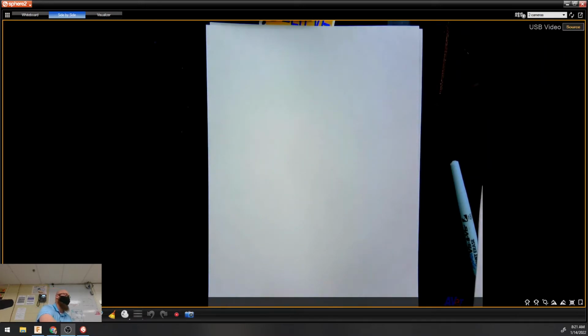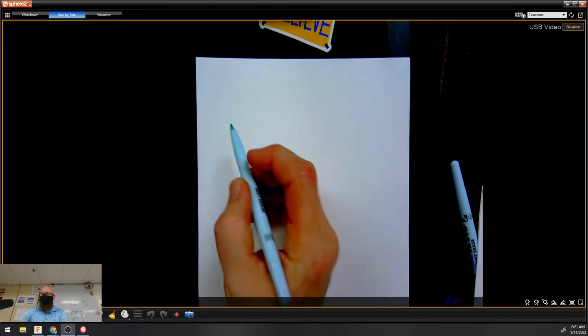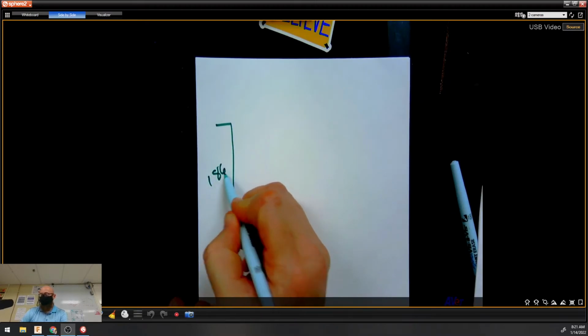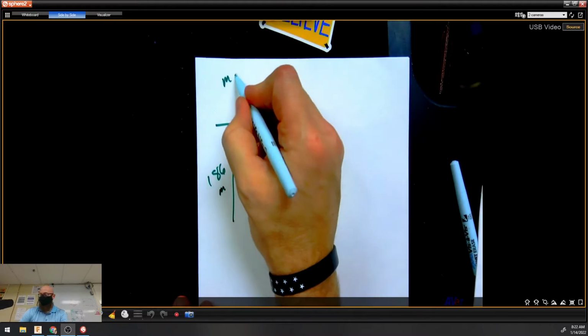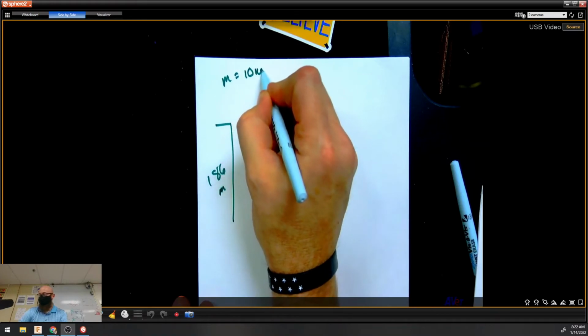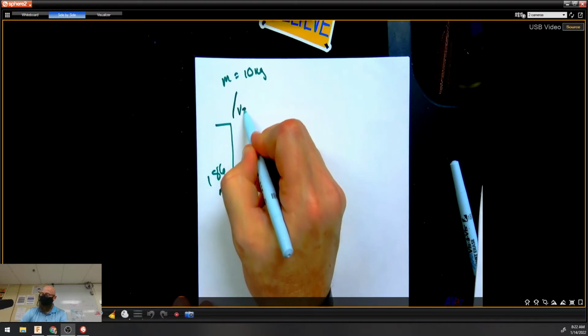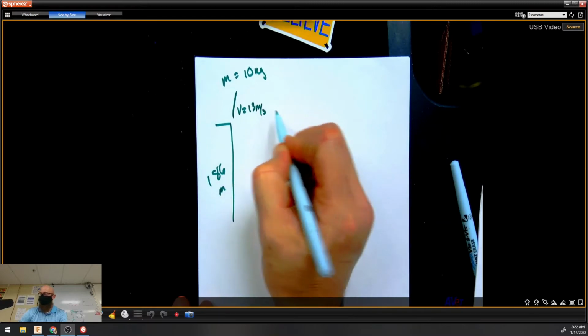Let's do one more. 186 meters tall. I'll give you a mass of, let's do 10 kilograms. You throw a ball up with a velocity of 13 meters per second.